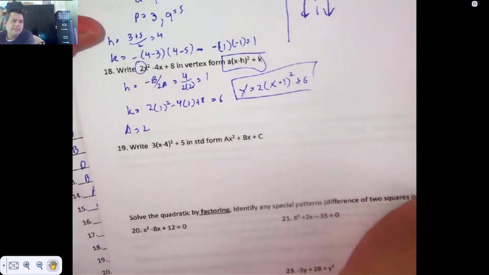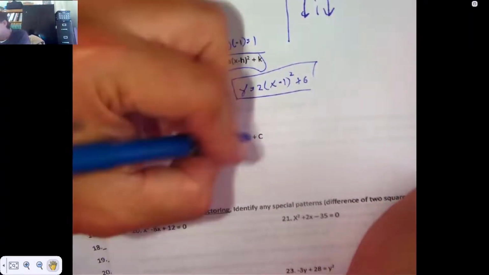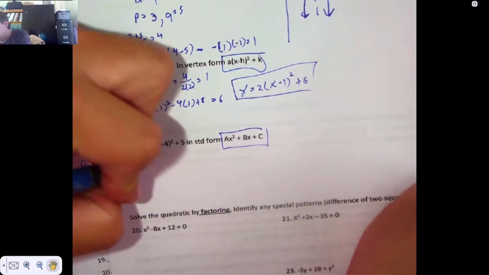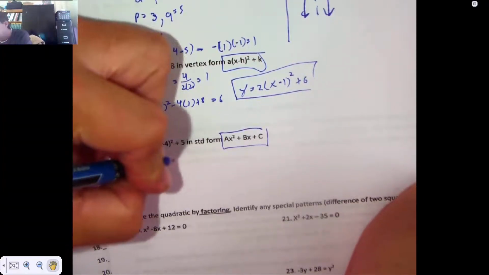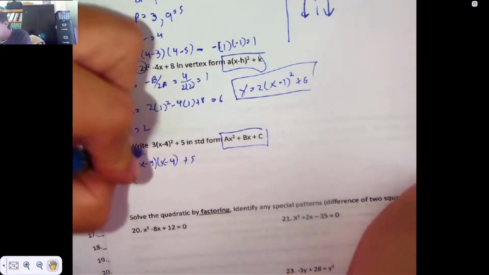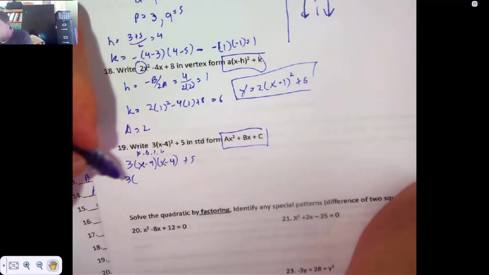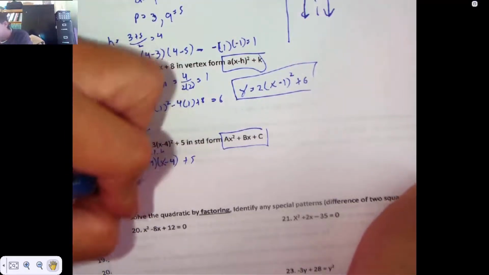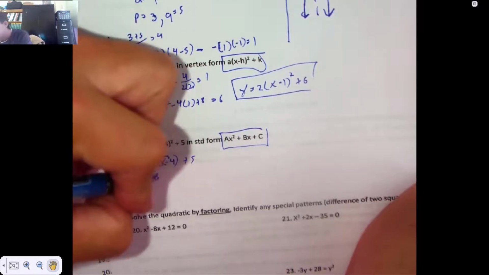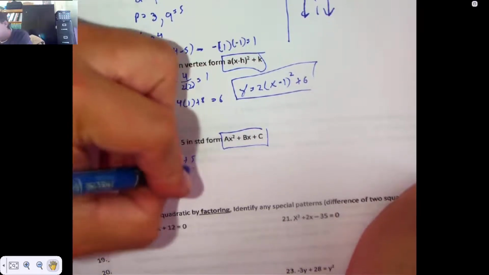Write this in standard form. Standard form is this right here. So we're going to have to FOIL. I see x minus 4 squared. That means write it twice. Then think about FOIL. Save the 3 for last. This is x squared, take away 4x, take away 4 more, so take away 8x plus 16, and plus 5.